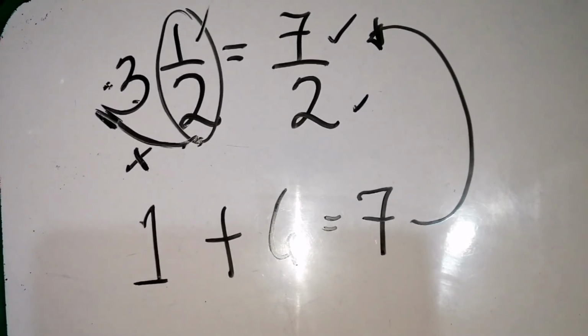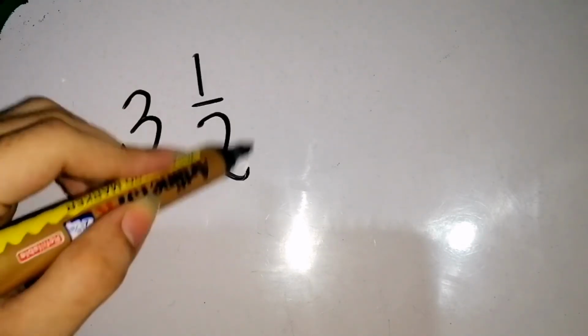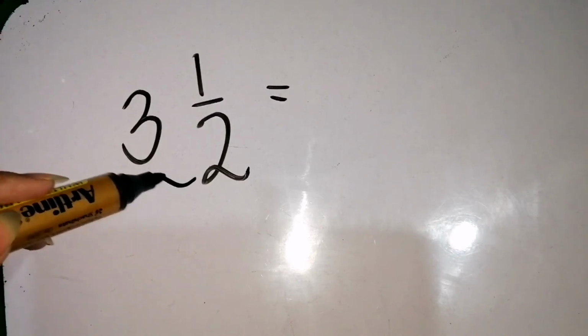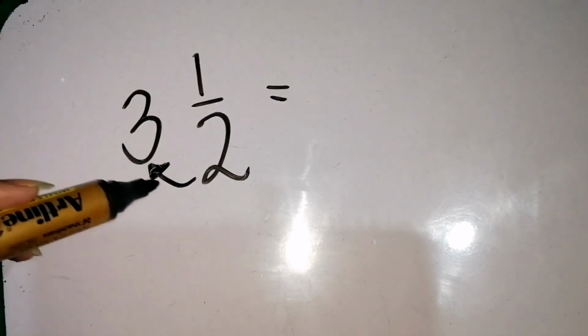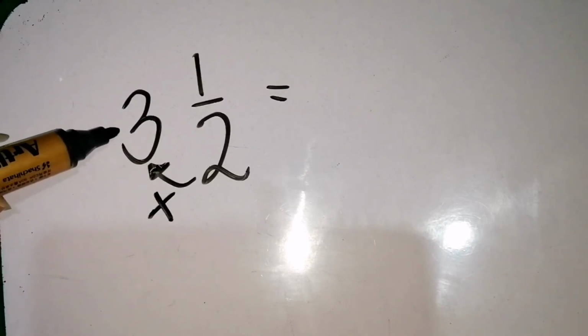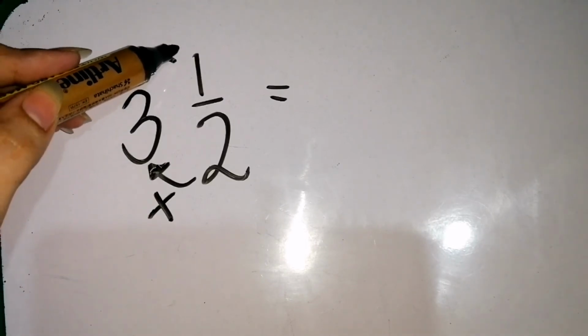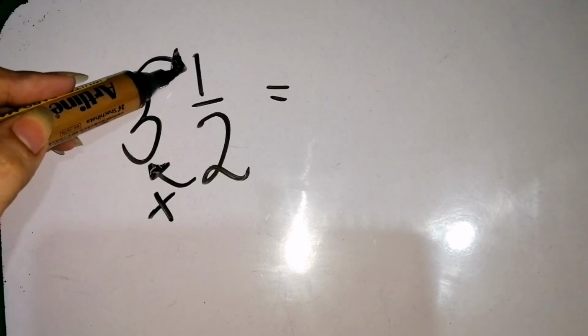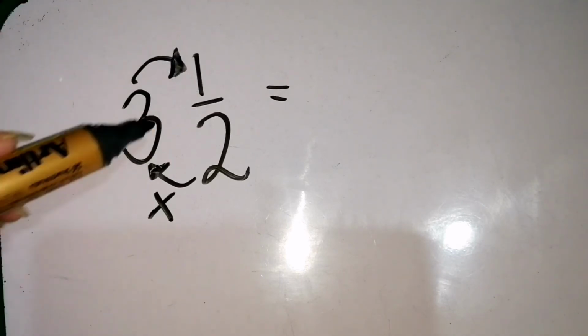So in short, to change mixed number into improper fractions, 3 and 1/2 is equal to 3 times 2 to find out the total number of parts that we have in our wholes, plus the remainder, which is this in our numerator.